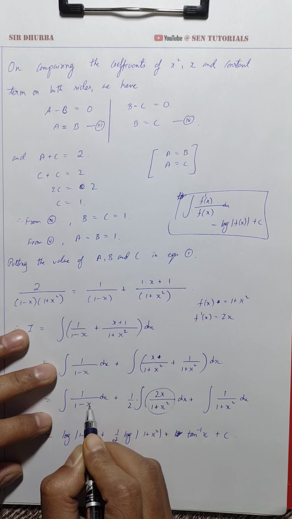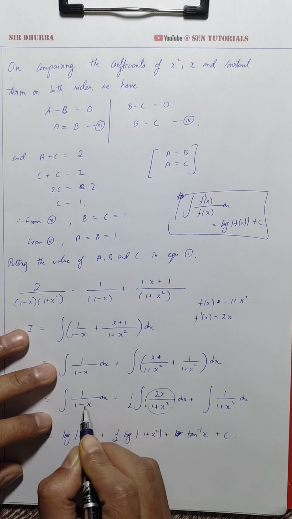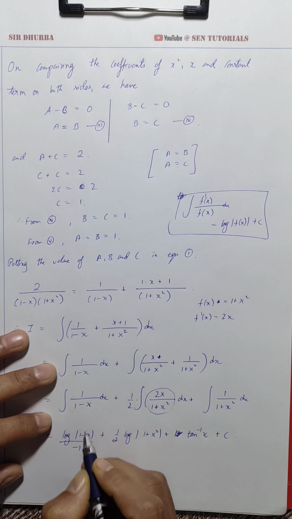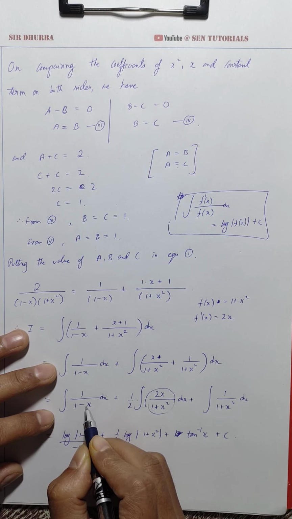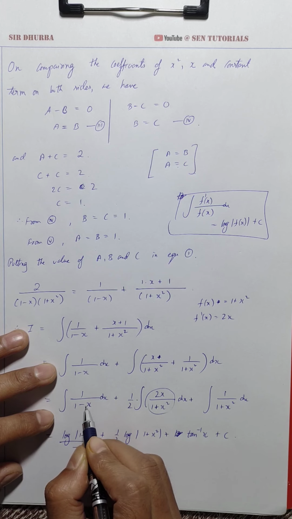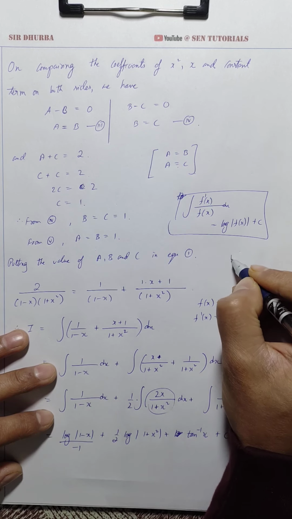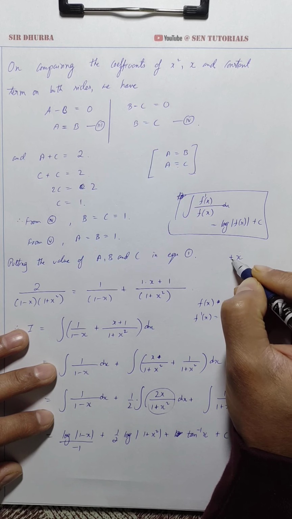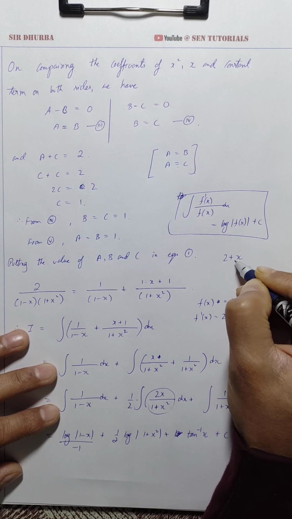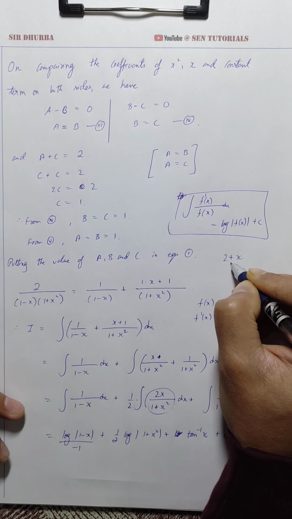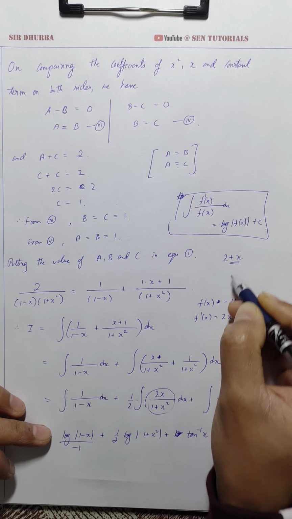Again, by substitution, if you remember, I had told you to just divide by the coefficient of x if it is not positive or if it has some other value. Here we see that it's minus 1. As long as it is plus x, no need to use substitution, 2 plus x, 3 plus x, whatever it be. Our main concern is the coefficient of the variable.